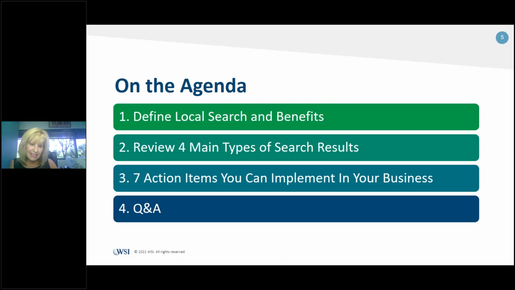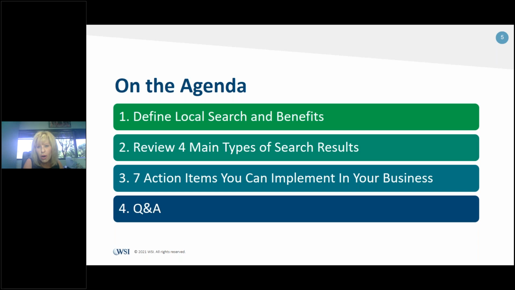So on the agenda today, again, as Cheryl introduced, is talking about local search, addressing strategies for businesses that are geographically or city focused, defining what it is, talking about some of the benefits of focusing on local search. We'll then go into just helping you understand what are the different areas on a Google search result page that you could potentially get your business listed in.